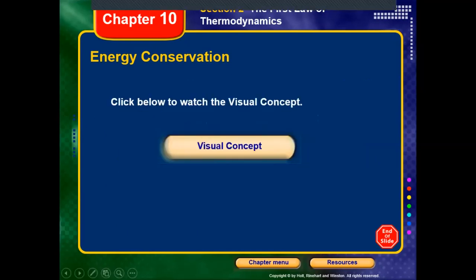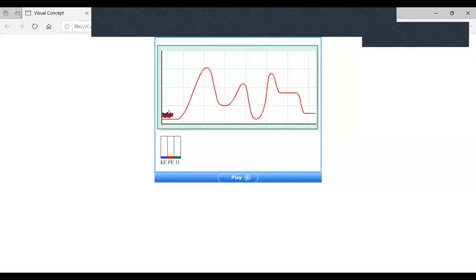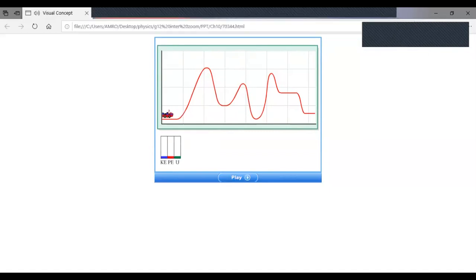Let's take a look at the example of the roller coaster by video. Before we start the video, at the top here you will see the roller coaster car, and the red line is the track, going up and down many times.